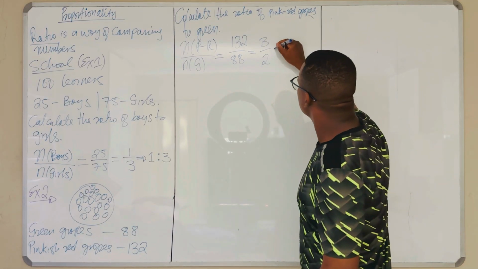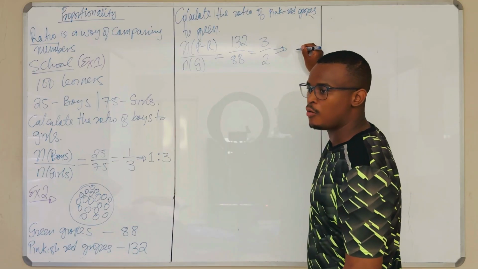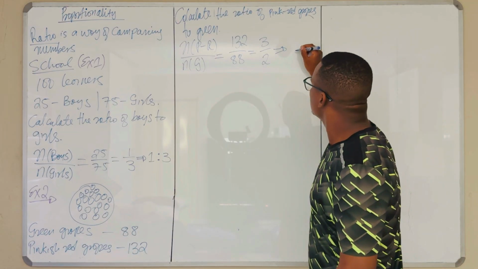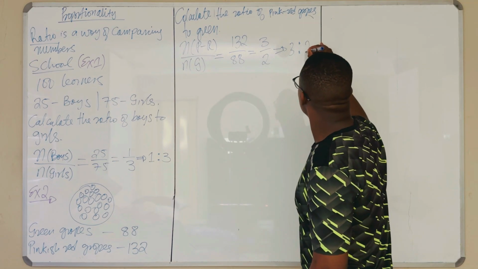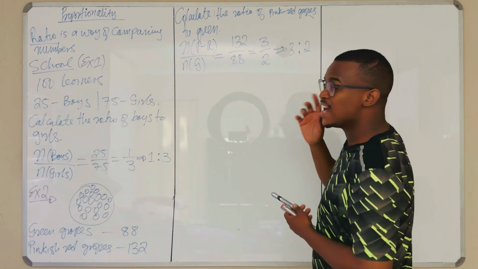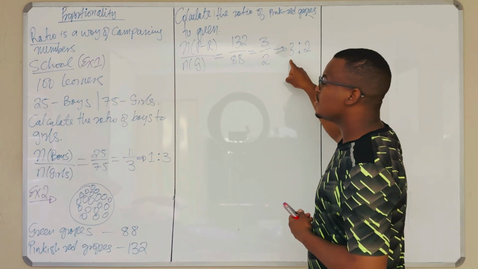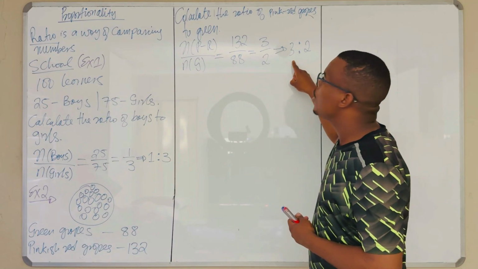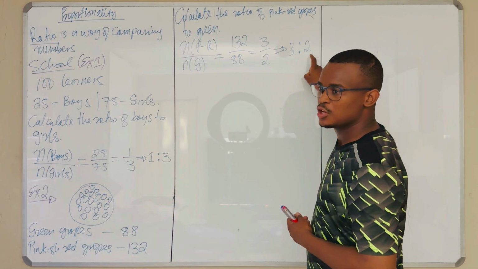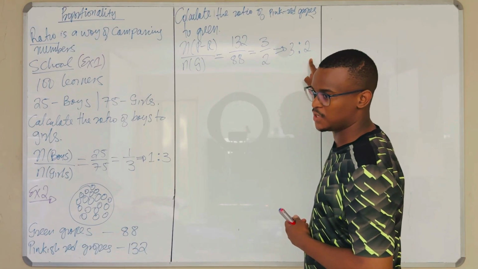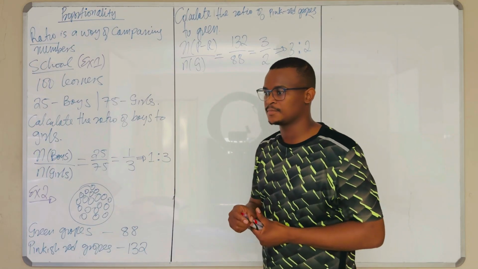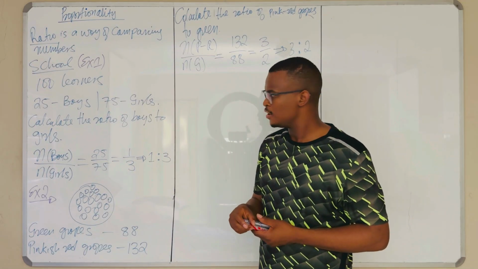You can also write it in the more common column form, so it will be 3 is to 2. Which means in that bowl, for every 3 pinkish red grapes, there will be 2 green grapes. This is what this means. Does it make sense? Yes. Okay.